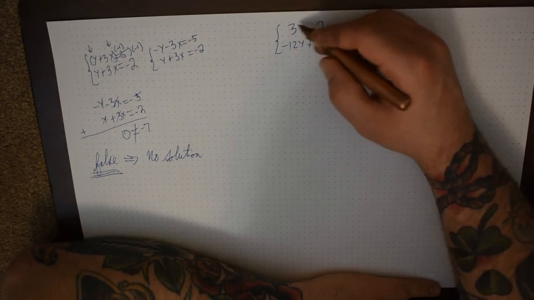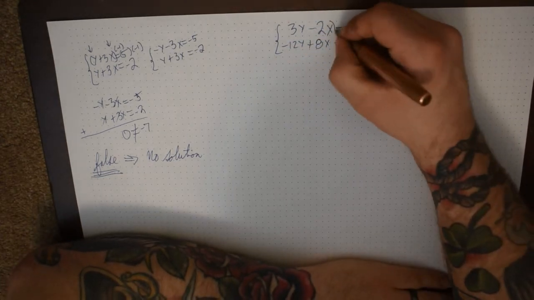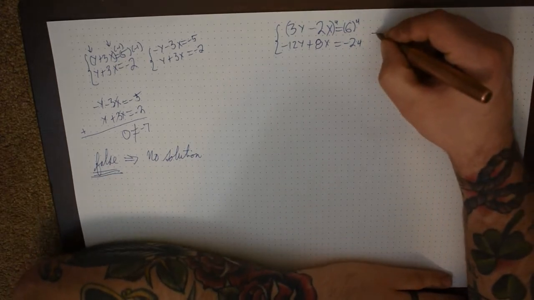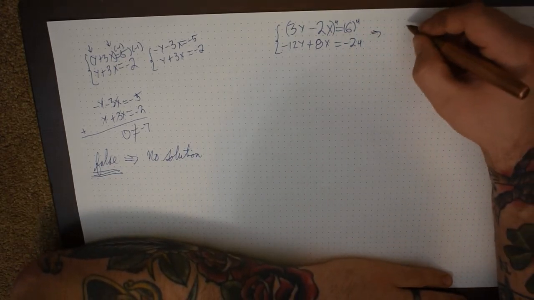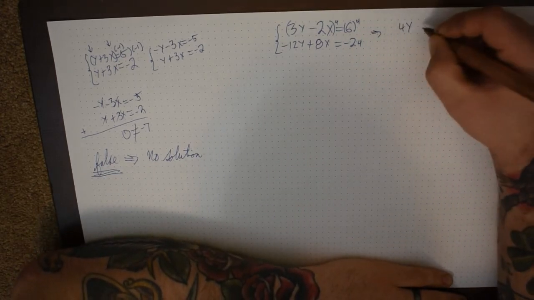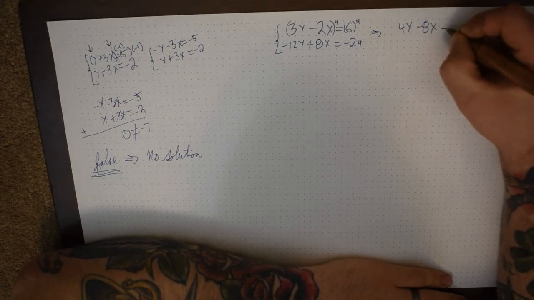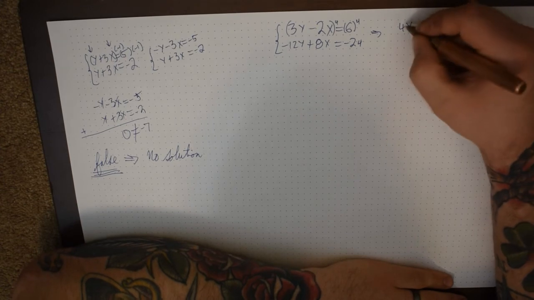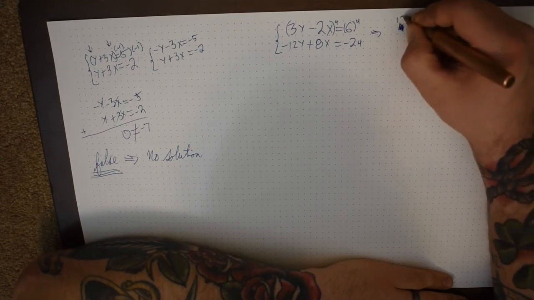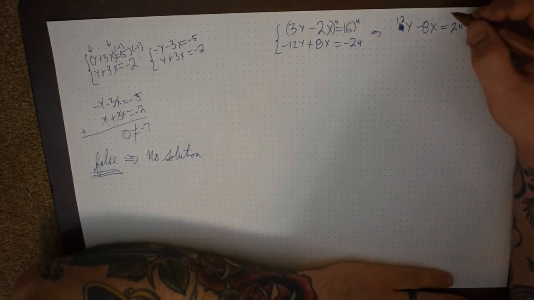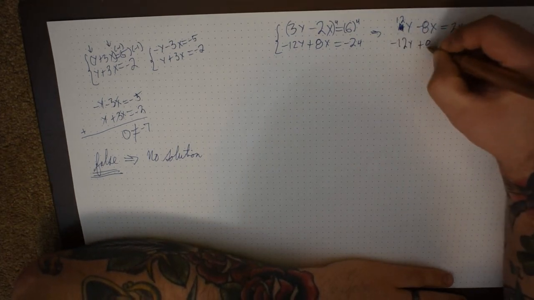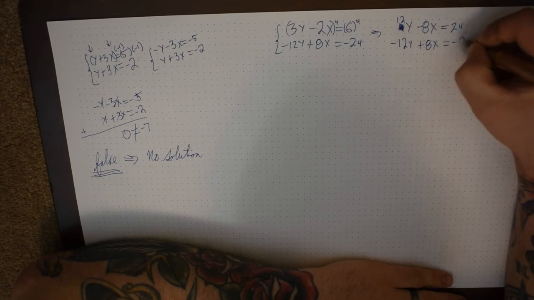So let's plan on eliminating these y's. Multiply this top equation by 4, both sides, and we get an equivalent system: 12y minus 8x equals 24, and negative 12y plus 8x equals negative 24.